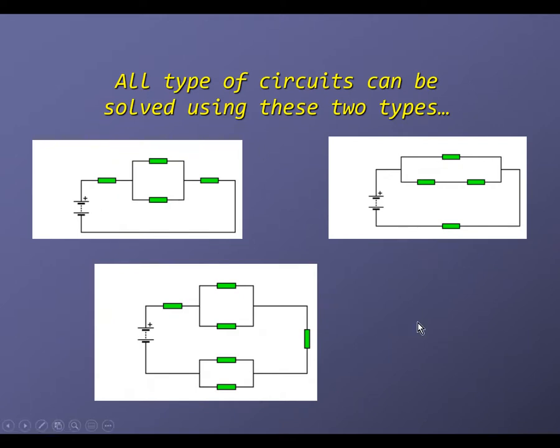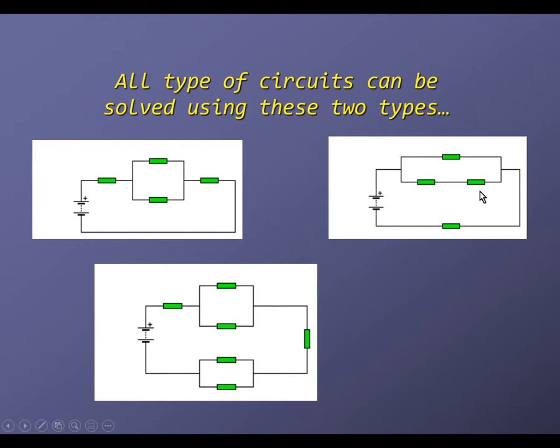You have 3 examples here. They are tricky ones, but the point is that you have to look for parallel circuits, for example parallel resistance like these two. So in this case you would solve these two resistances in parallel, and then you would add the other two in series.